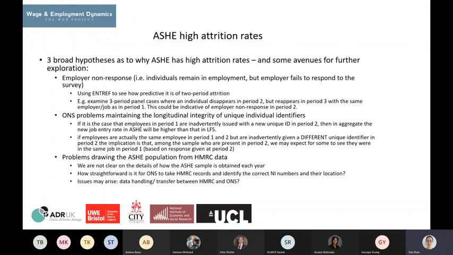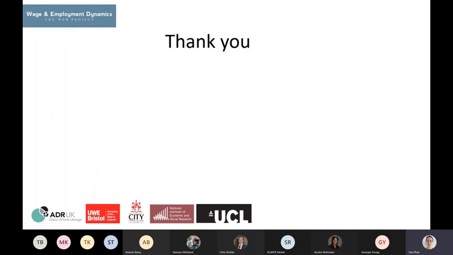So the issue that may arise here is about data handling and job transferring between HMRC and ONS. So that is what we thought, and some of what we can do to try to understand why ASHE has the high attrition rate. So thank you. That's it.